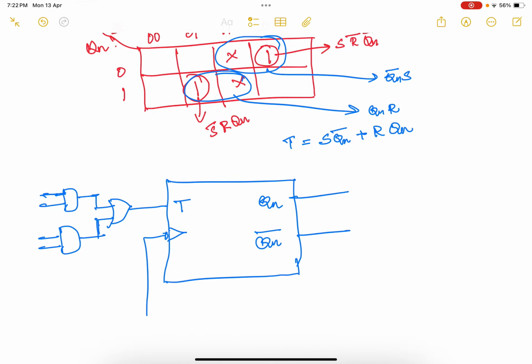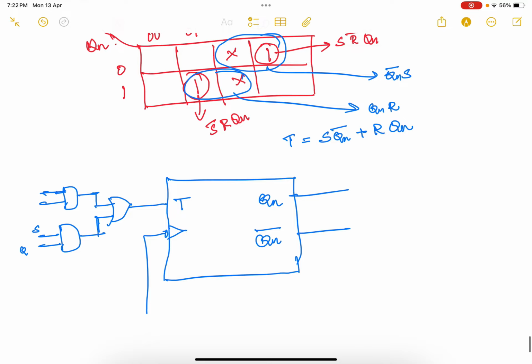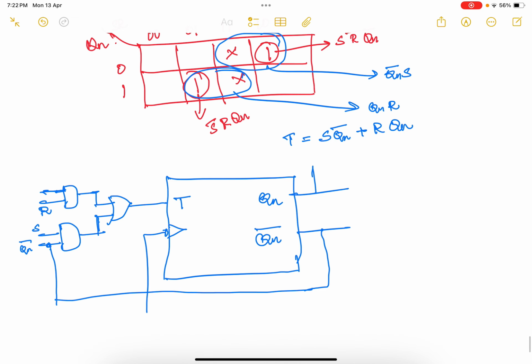So first thing is S Qn', so this one I am going to connect with Qn', and next thing is R Qn. So this is here R Qn. The output we are going to connect to the T variable.